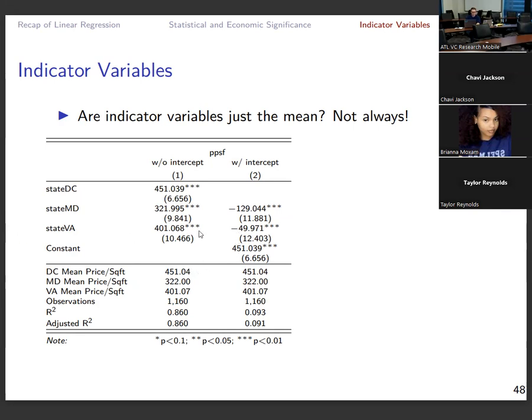And so when I look at this coefficient here, this minus 49.97 for the dummy variable for Virginia, whether or not the property was in Virginia, do either of you know, or can you give me an intuitive explanation for what this number means?